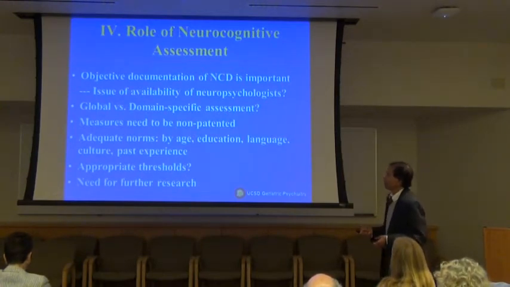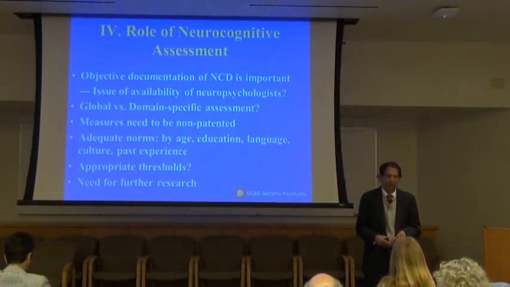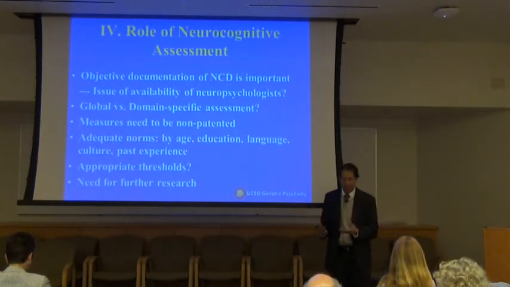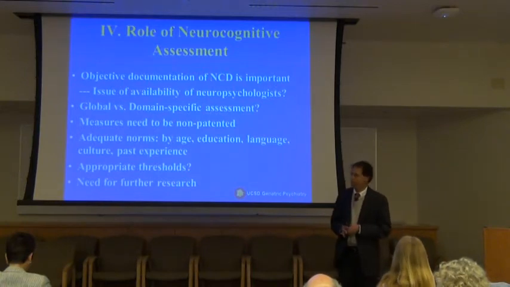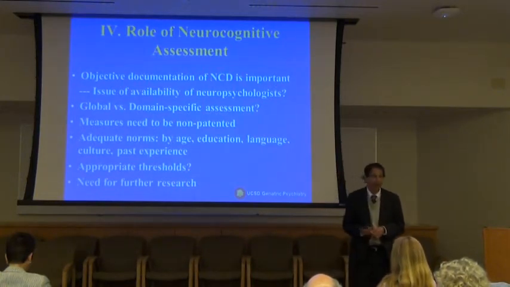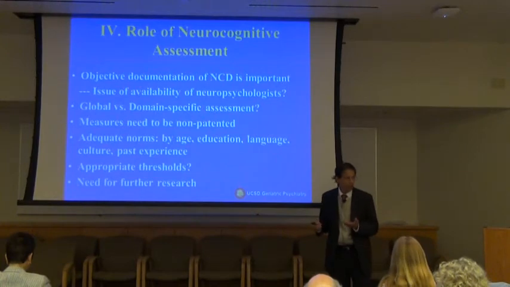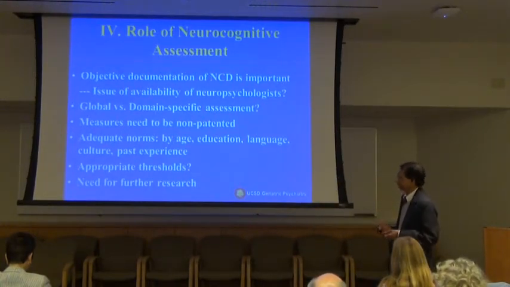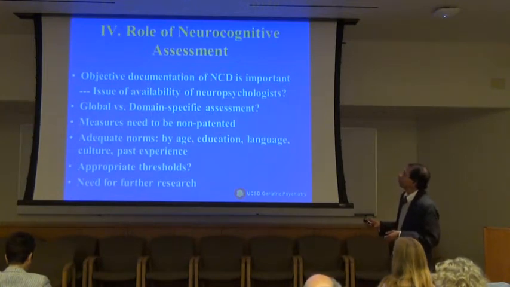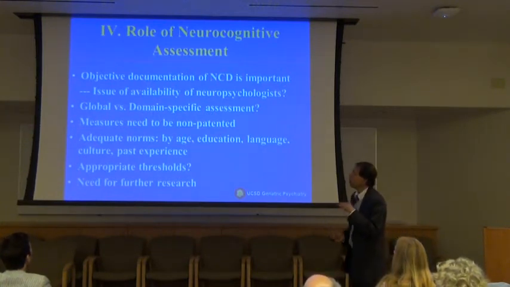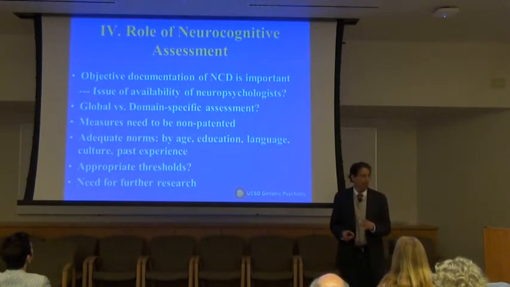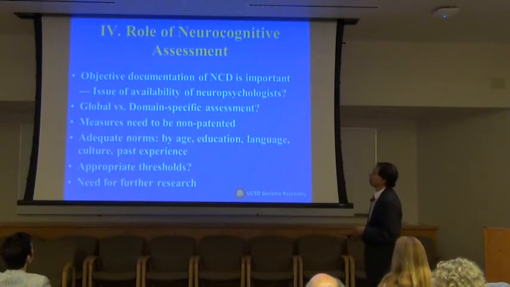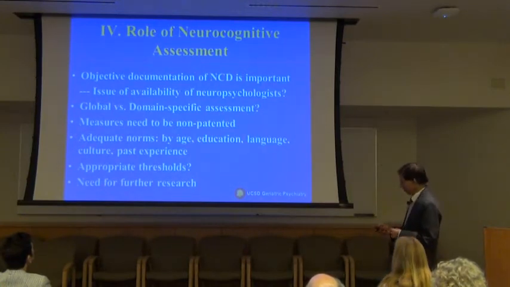How many places will have qualified neuropsychologists? A place like UCSD is very rich with neuropsychological expertise, but that's not true for many small places where there is not even any mental health expert for miles. Secondly, should we use a global assessment or domain-specific assessment? For example, do we only do testing of memory, or do we look at the overall neurocognitive functioning?